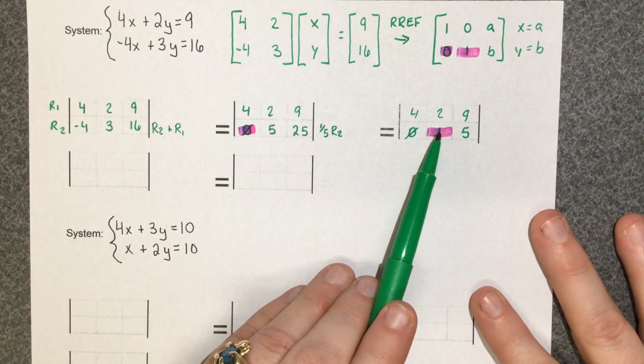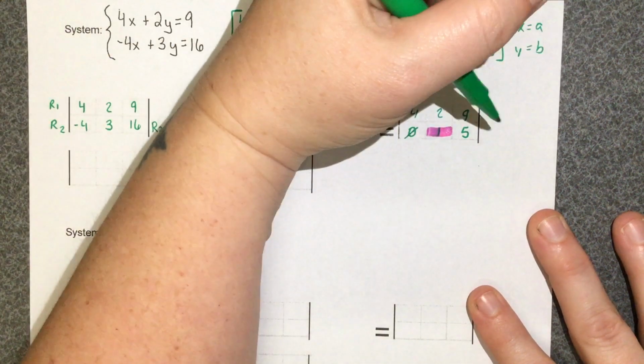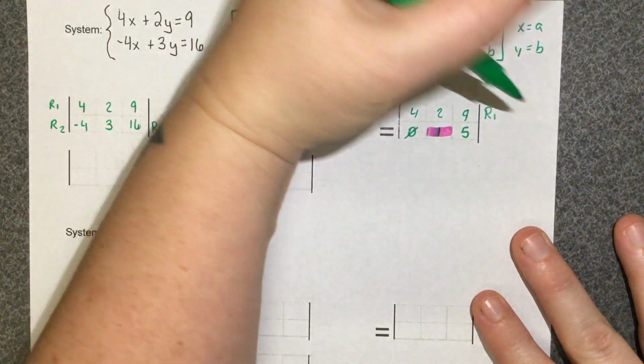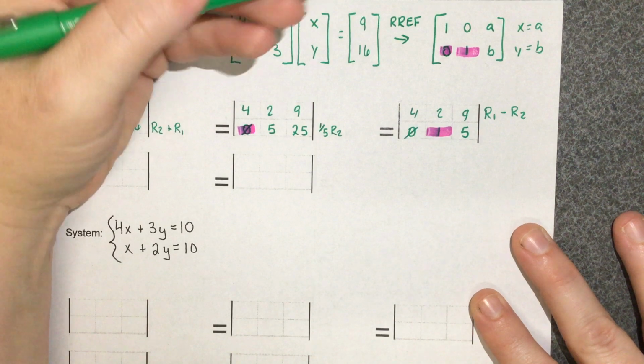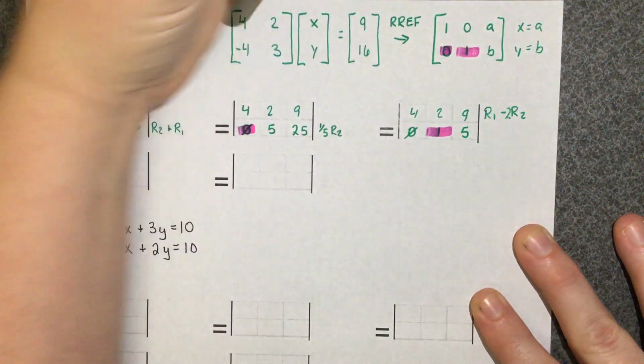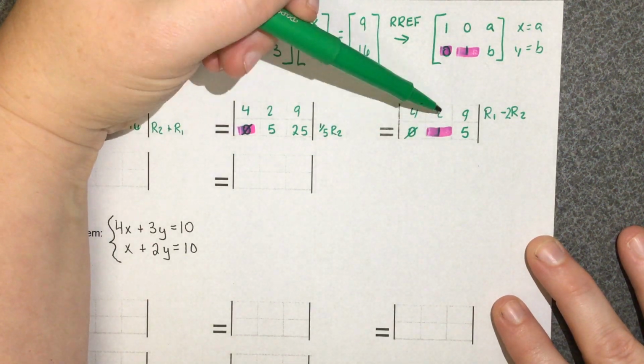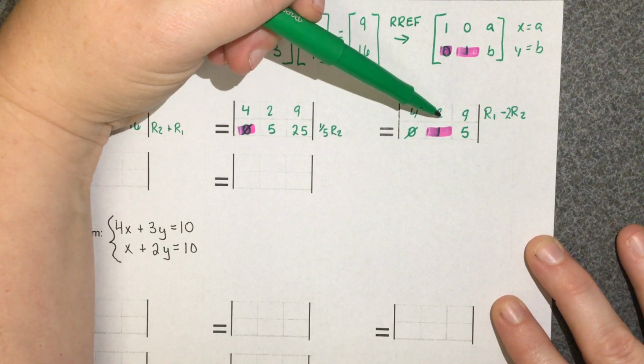So instead, let's go ahead and subtract from row 1. I'm going to subtract row 2, and I'm going to do that 2 times. And if I subtract row 2 from row 1 2 times, I can turn that to 0.